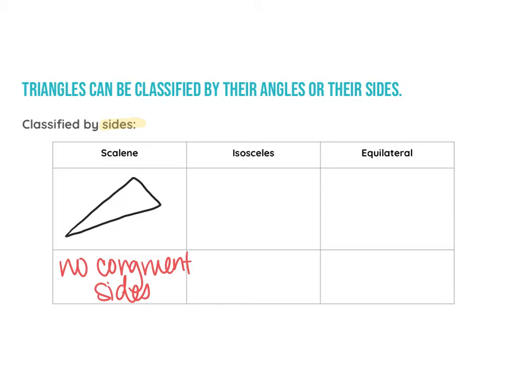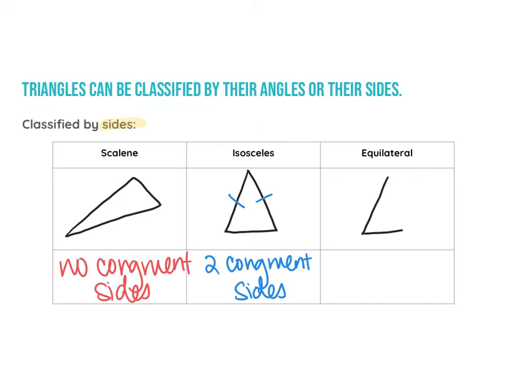Okay, isosceles, you're going to have two congruent sides. So again, remember, congruent just means the same. So we have two sides that are the same length, or they have those tick marks on there to show that they're congruent. And then equilateral, again, hopefully this is a word that maybe you've heard before.